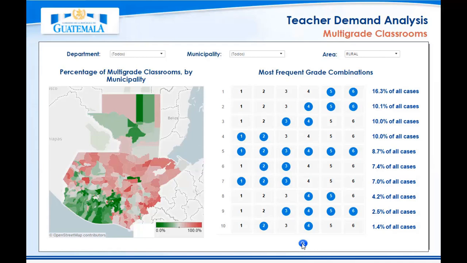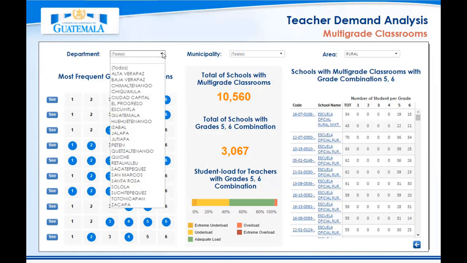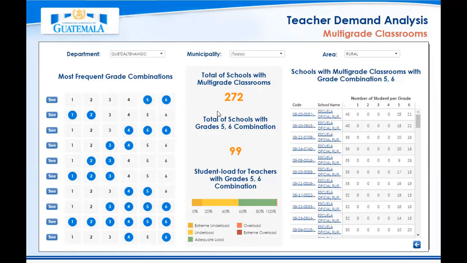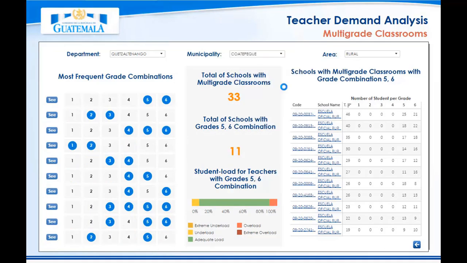Now, if we look at what's behind the magnifying lens, we find a new dashboard that will show you the most frequent grade combinations for a specific department and municipality. So we choose the department that we want to look at, we choose the municipality, and it updates the information to show that we have 33 schools with multi-grade classrooms in this municipality.